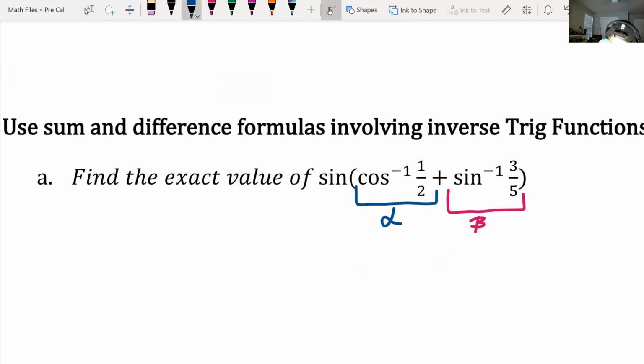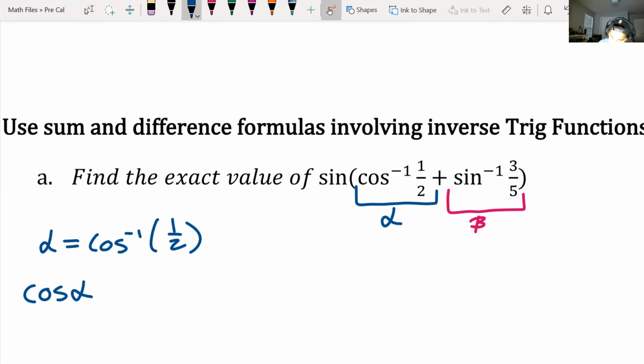We'll start with alpha. Alpha equals the inverse cosine of 1/2. Then we apply the inverse to both sides, and we get cosine alpha equals 1/2 on what interval? 0 to pi. Good.